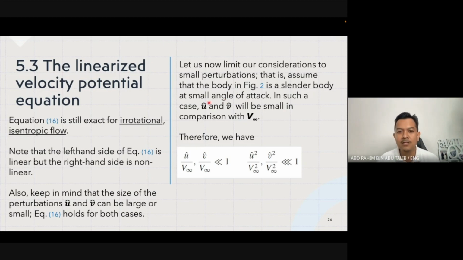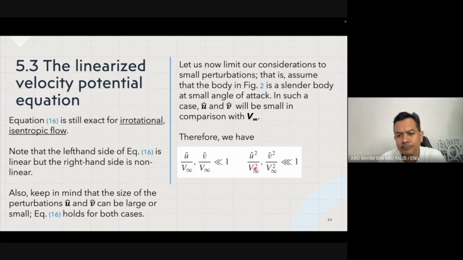In such a case, the perturbation velocities u and v will be small in comparison with the free stream velocity. Therefore, we know that the perturbation velocity u and perturbation velocity v with respect to the free stream velocity are very small, much less than 1.